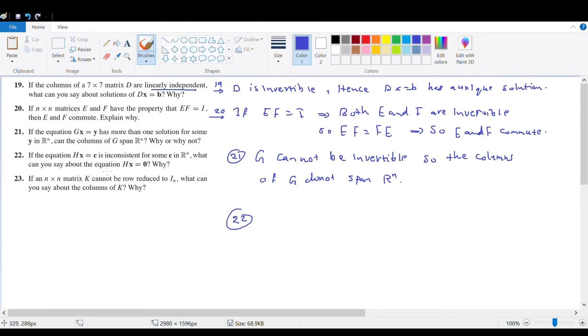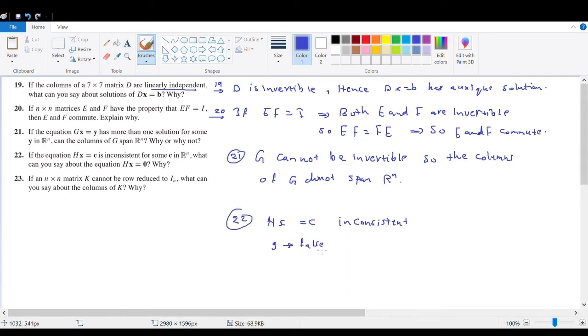What can you say about the equation Hx equals 0? In the theorem, the statement that Ax equals B has at least one solution for each B in Rn is false here, so we can apply this. The statement Hx equals C has at least one solution for each C in Rn is false. So that means G is false.